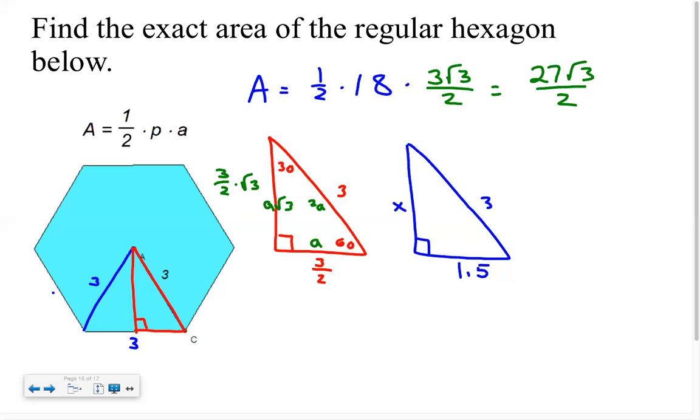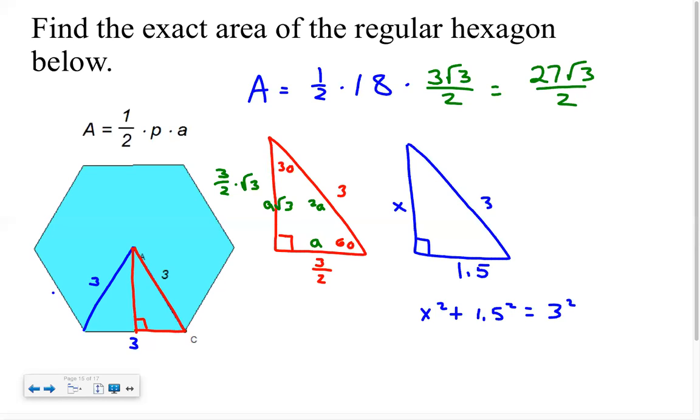A squared plus b squared equals c squared. We can make x squared plus 1.5 squared equals 3 squared. So 3 squared minus 1.5 squared, get the square root of that. 2.59807. Now this is why we like using radicals a lot of times, because of where to round. I would say round at least 2 or 3 places to start off. We'll say 2.598.